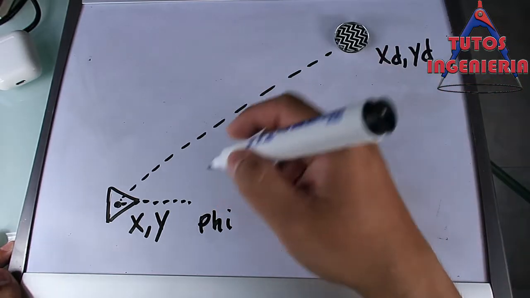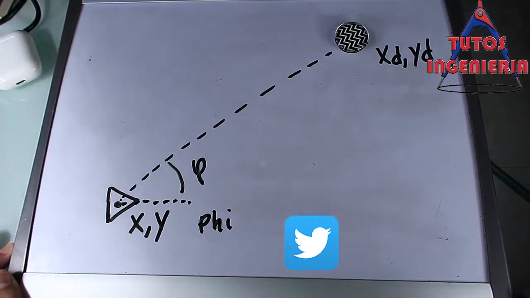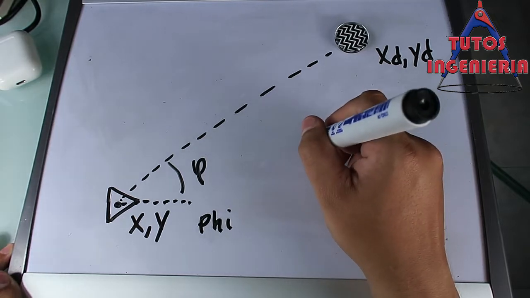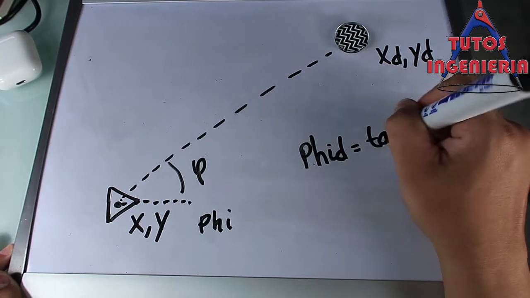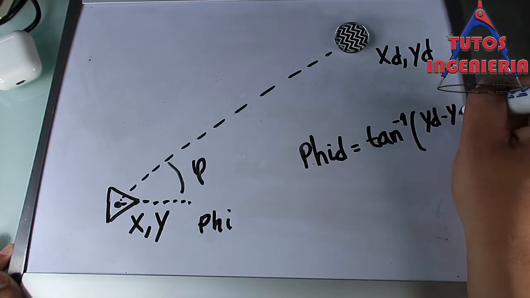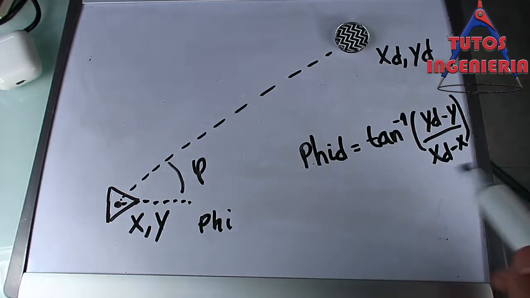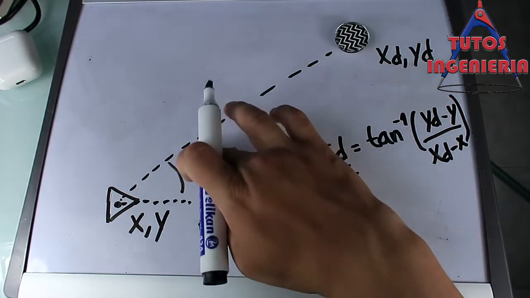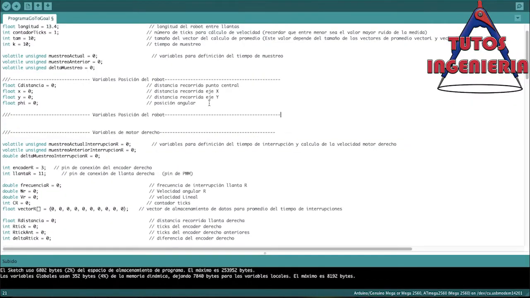If we have a trajectory, we could describe what is the angle desired, or phi desired, and this angle we could calculate with this very simple equation: phi desired is the inverse tangent of (y desired minus y) over (x desired minus x). That is the equation that helps us to calculate the angle desired for the trajectory that the control has to describe.